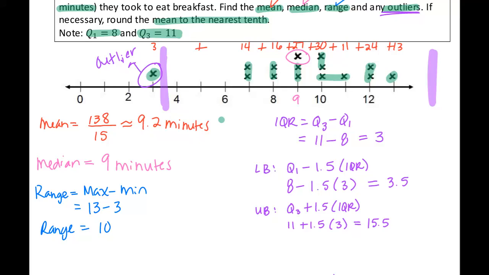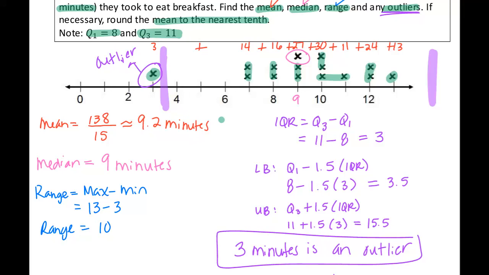So I would say 3 minutes is an outlier. What if the lower bound or upper bound is directly on one of the numbers? Then it's not considered an outlier. All right.